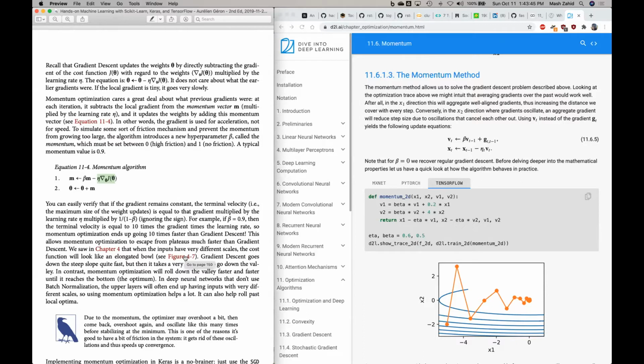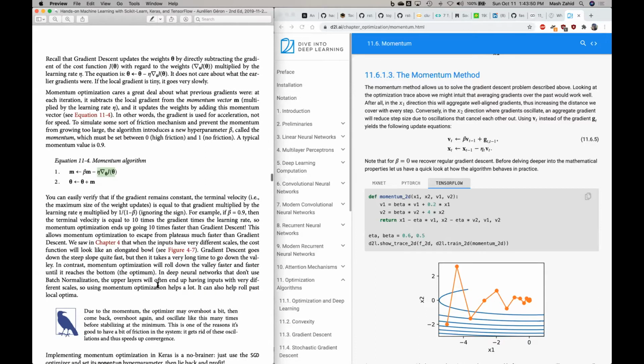Yeah. Okay. And the other question I have is the notation on the left doesn't seem to go in line with the notation on the right.